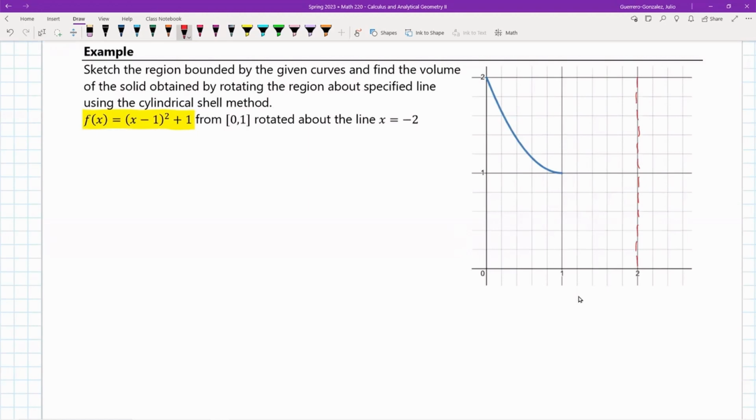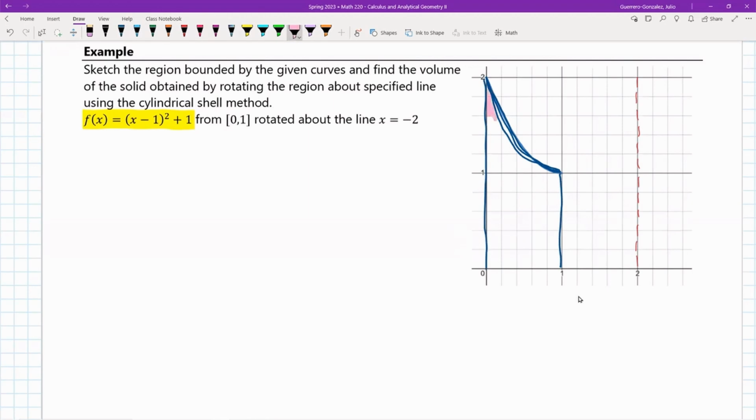I have my curve, I see my f of x, that's this thing, right? And I want it from 0 to 1. So I'm going to slice this down here, slice this down here, so I can see my region.